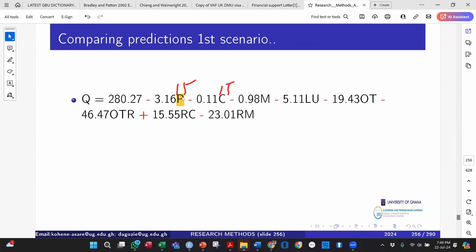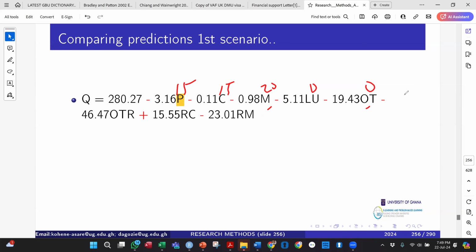The income? 20. Now the location urban, what will it be? 0. The people were rural people, so that will be 0. What about occupation teaching? 0, because the people were fishers. They were not traders.